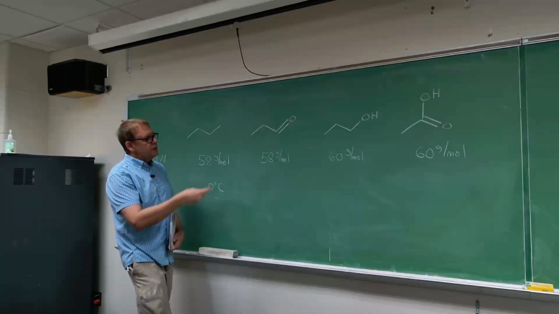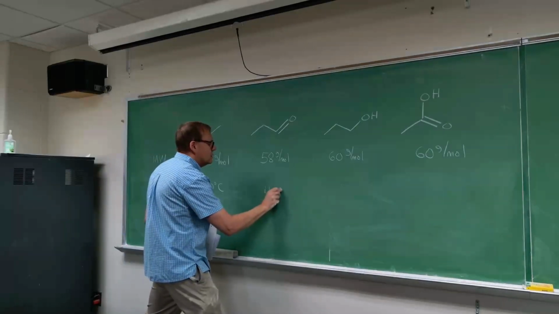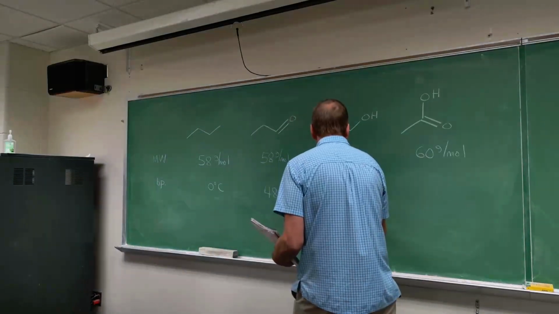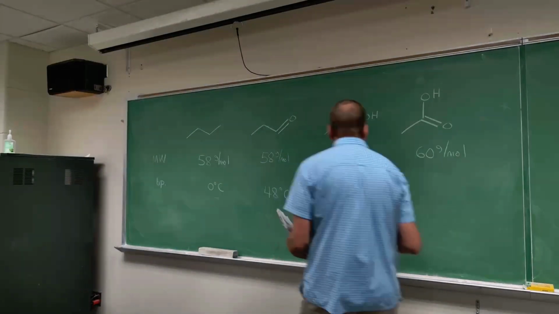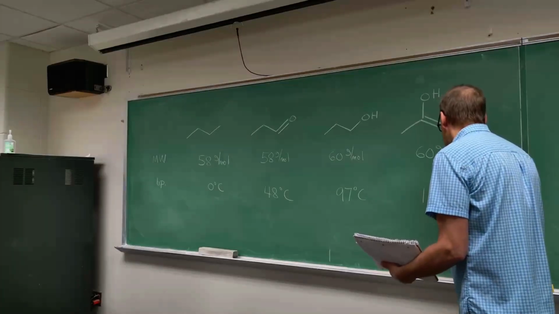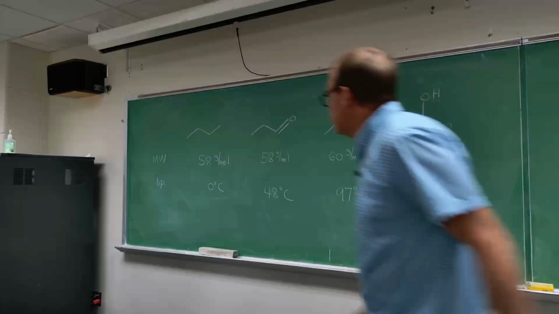And we're going to list those later, but the boiling point for this one is 48 degrees Celsius, so it's higher. Over here, we get 97 degrees Celsius for the alcohol, and over here, 118 degrees Celsius for the carboxylic acid. And here's the difference.